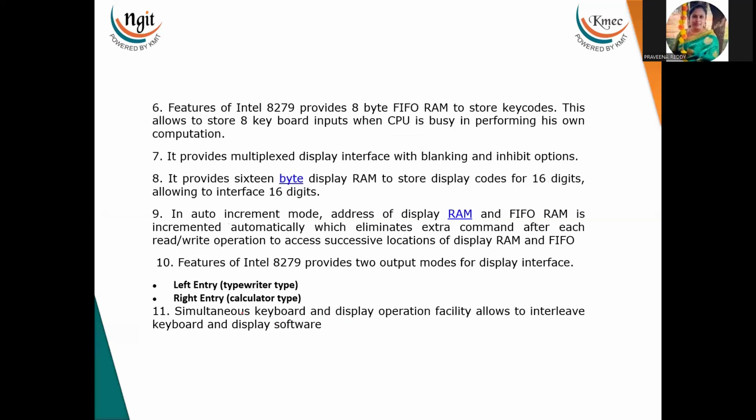It also has an 8-byte FIFO RAM to store the key codes. Whenever a key is pressed, that key information is stored in the FIFO RAM. FIFO is nothing but first in first out RAM. Maximum RAM capacity is 8 bytes, so 8 locations are there.